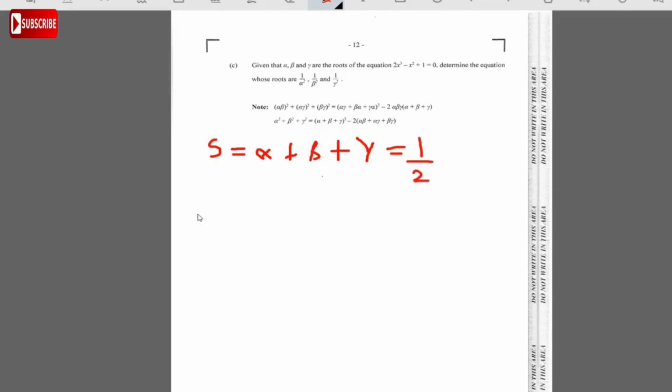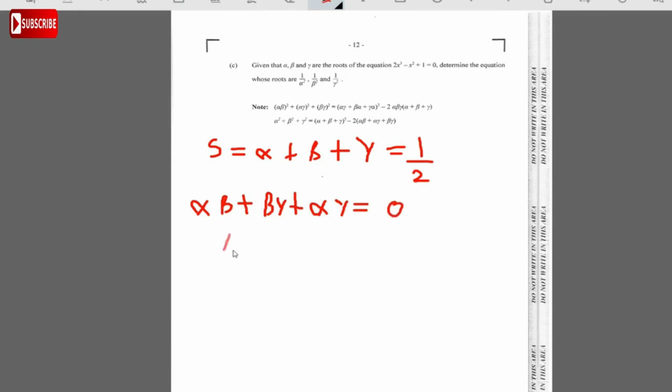Then the product by 2, which is alpha times beta plus beta times gamma plus alpha times gamma, is going to be equal to c over a, which is 0, because there's no x term.